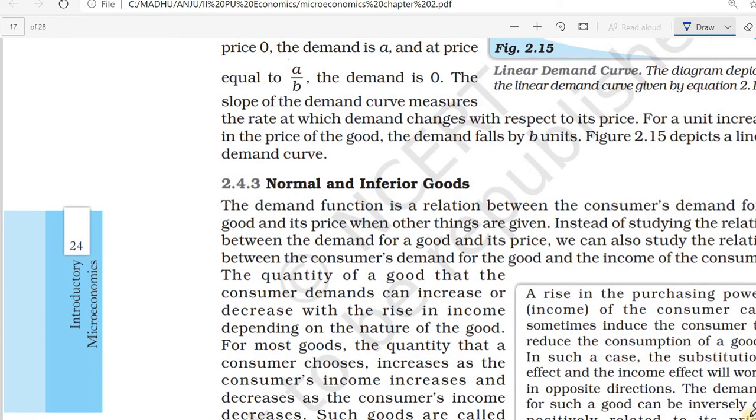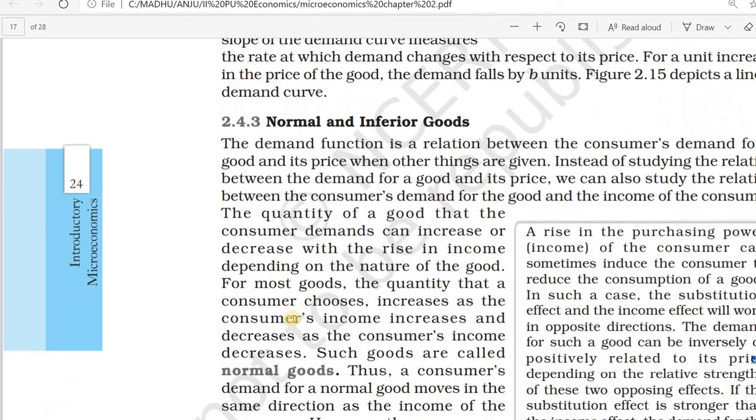If the consumer income is increasing, then what will happen? Consumer's purchasing power will increase, and because of this purchasing power, the consumer can buy more quantity of goods. This one we are calling normal goods.